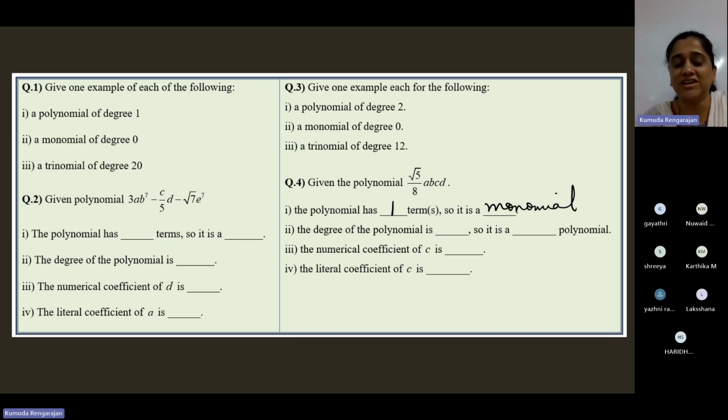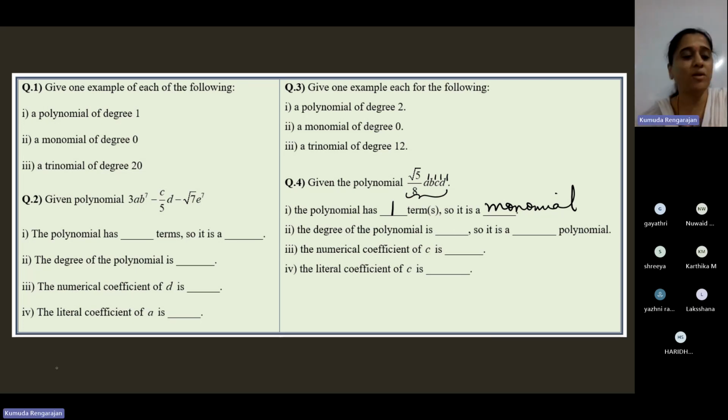The degree is what, children? 1 or 4? 4. Because this is one term, and in this one term there are 4 variables. So we'll have to find the sum of the powers. 1 plus 1 plus 1 plus 1, 4. Add the powers of the variables. So 4.